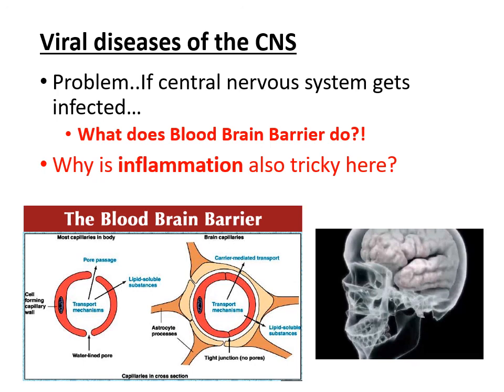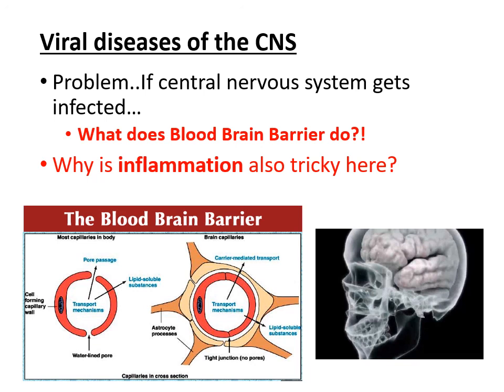The second problem is that infections tend to cause inflammation. Why is inflammation bad if it's your central nervous system? Well, think about it. You have a skull. There's no room for swelling in the skull or the spinal cord. That could be majorly disastrous.